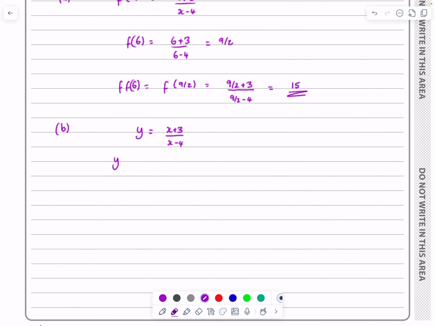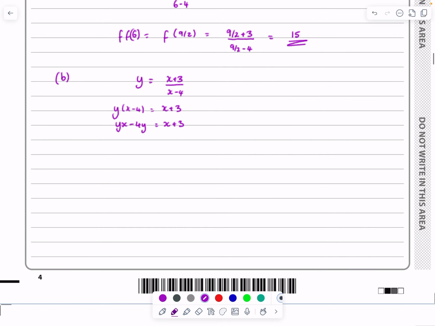So y(x - 4) = x + 3, which is yx - 4y = x + 3, and then just continue with the rearranging. yx - x = 4y + 3, take x as a factor. This should all be very, very standard to you if you've done any work on your functions at all. So x works out to be equal to (4y + 3)/(y - 1).